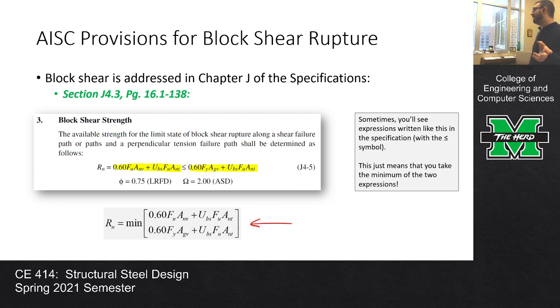Well, that's the tensile stress, not a force. The A subscript nv says net area subjected to shear. Can you calculate the net shear area, or will it be given to us? No, you're going to have to calculate it. And we're going to go through an example where we calculate all of these. And you'll see what we're talking about here in a bit.